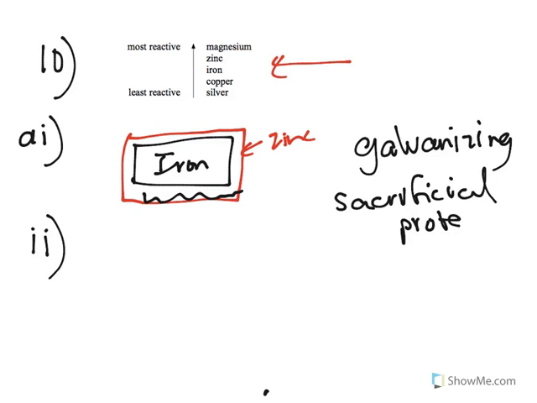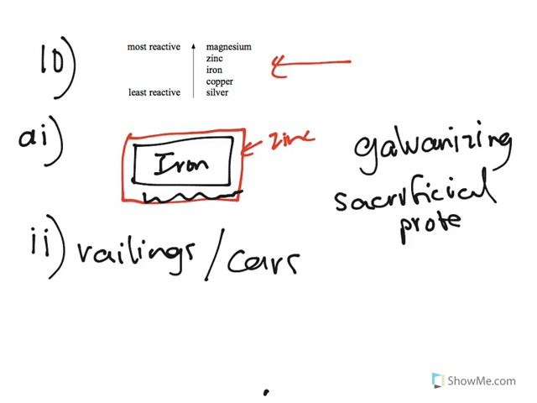Or sacrificial protection. Now, question 10a2 asks you to give one example of where this rust prevention is used. Now, I've already told you galvanized steel. And what is galvanized steel used in? It's used in things such as railings, in cars. Notice how the outside of your car doesn't rust.